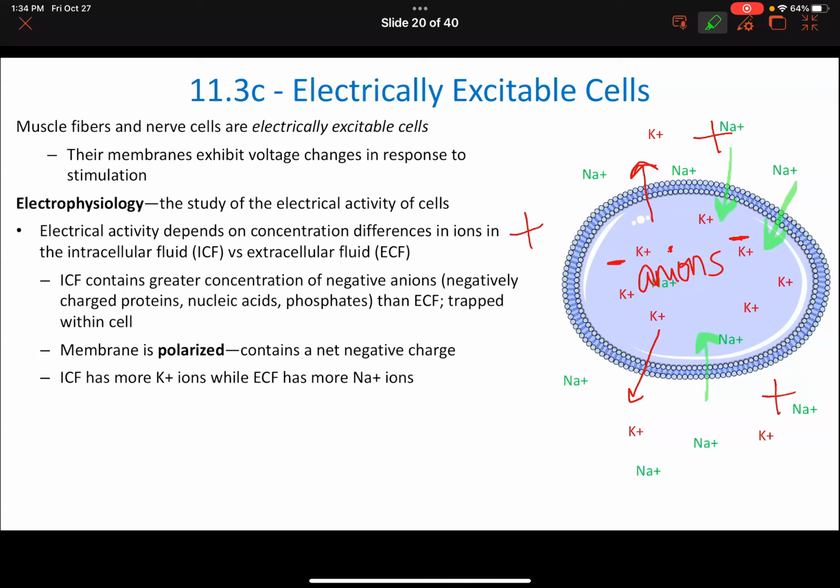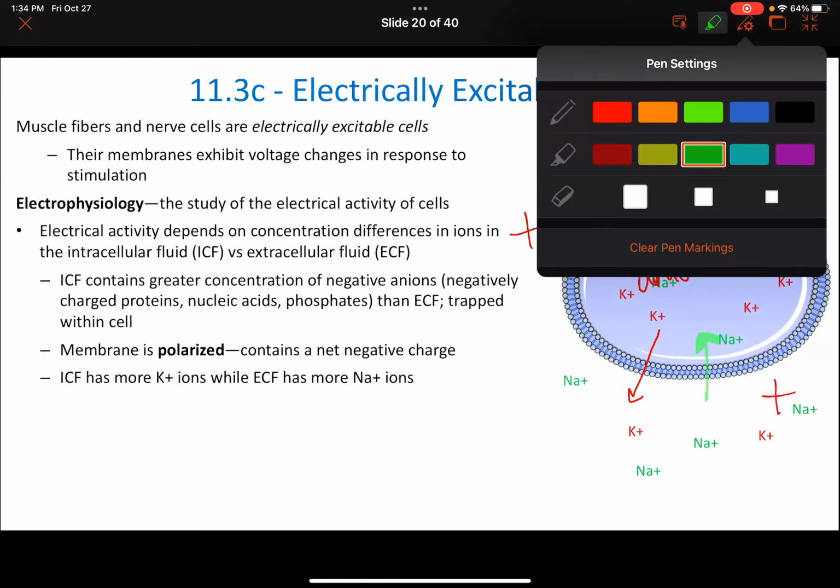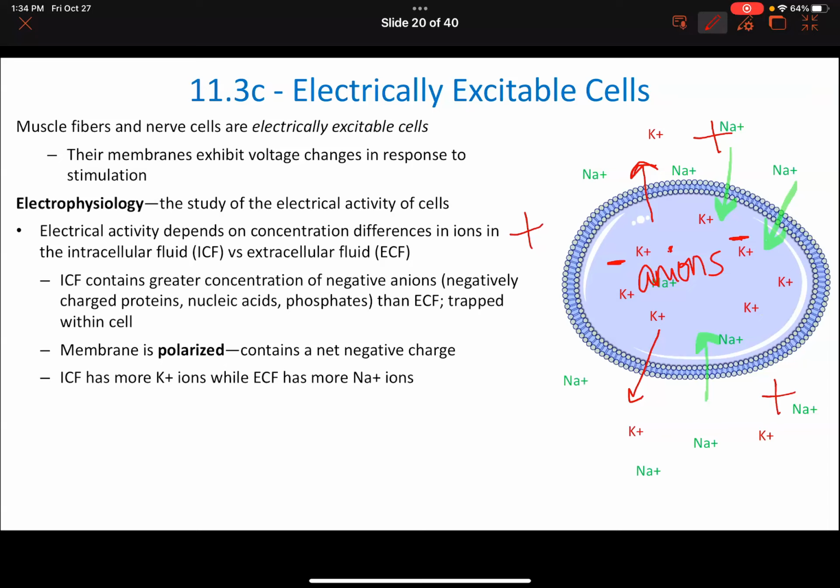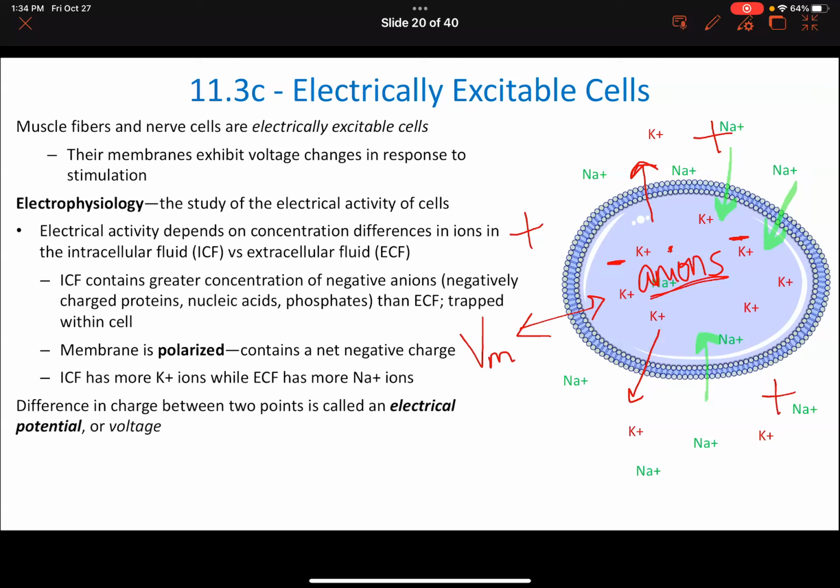This difference in concentration of these particular ions, in addition to this negative charge that is held by the anions inside the cell, are going to determine what we call the membrane potential, or the overall charge difference across the membrane. We abbreviate it with a Vm.